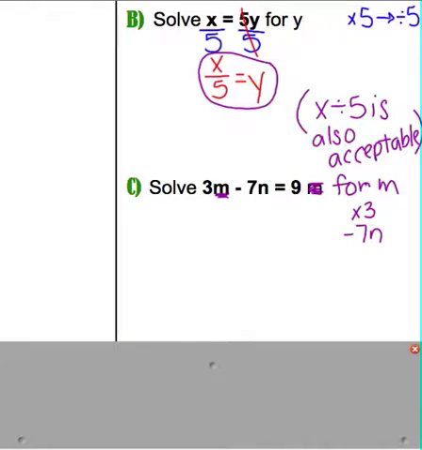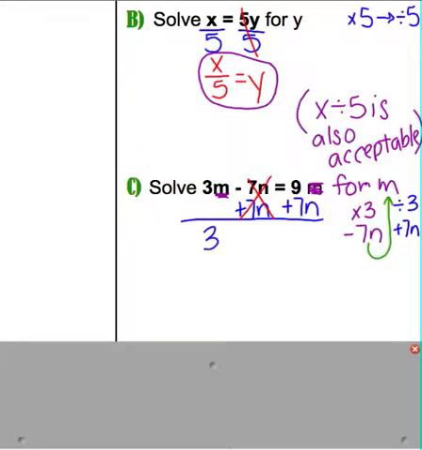So when we do our U-turn to solve, it's actually going to end up being, I'm going to add 7n, and then I'm going to divide by 3. So when I go ahead and do that, I will add 7n to both sides, which cancels here, leaving me with 3m equal to 9 plus 7n.